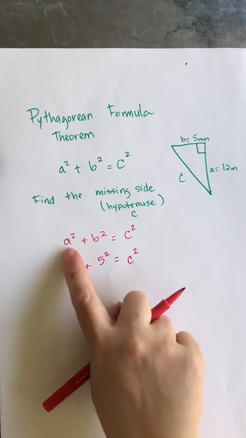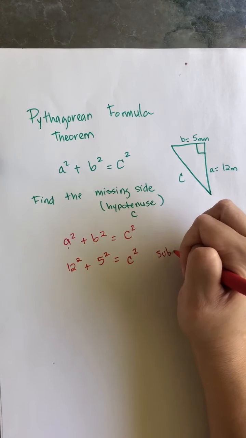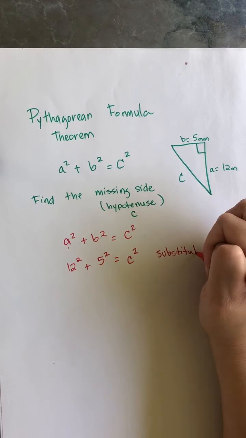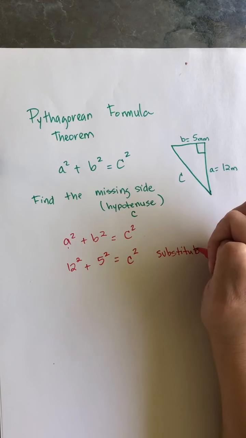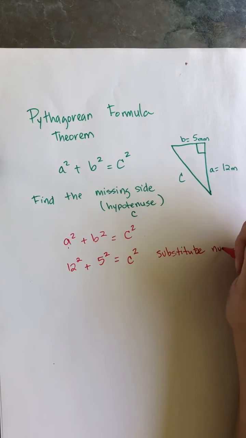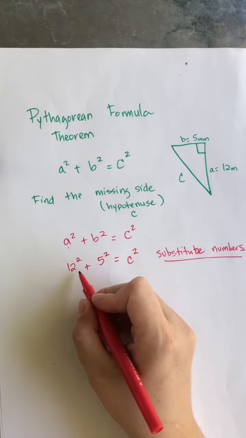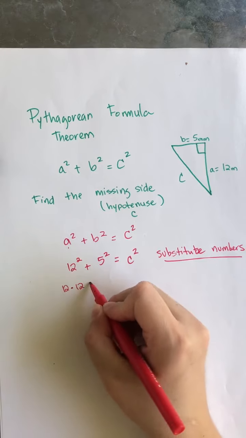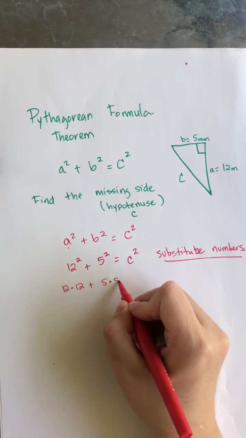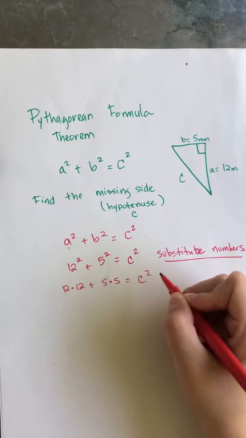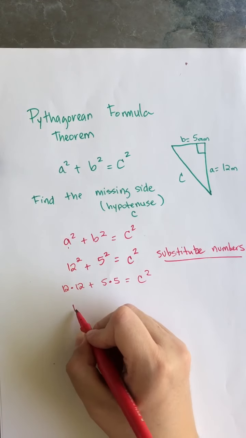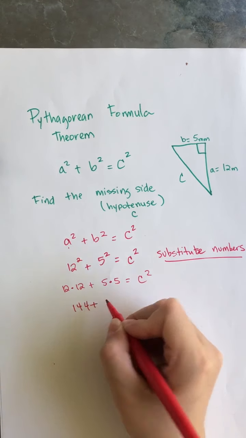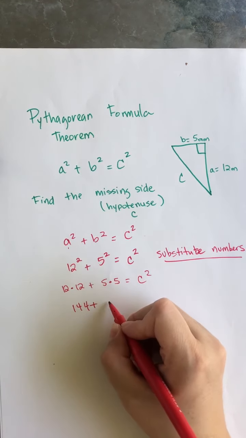So again, what we did is we substituted numbers. And then we now multiply them out. So we got 12 times 12 and 5 times 5. 12 times 12, you're going to get 144, and 5 times 5 is 25.